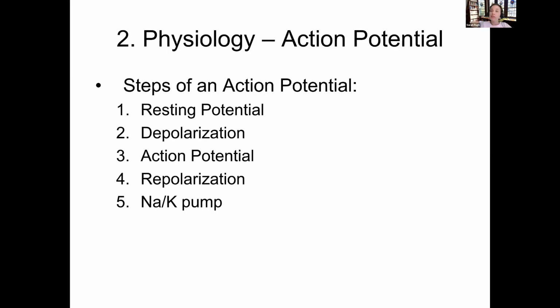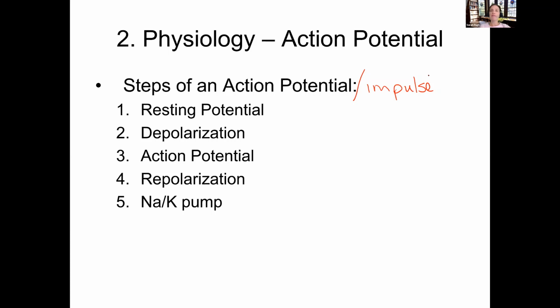So remember, we start this whole process with an impulse coming down a neuron. An impulse is the same thing as an action potential. So that means the exact same thing. Okay. So I'll use those terms interchangeably. So in order to walk through what is an action potential, what is an impulse, we have to talk about the membrane itself.